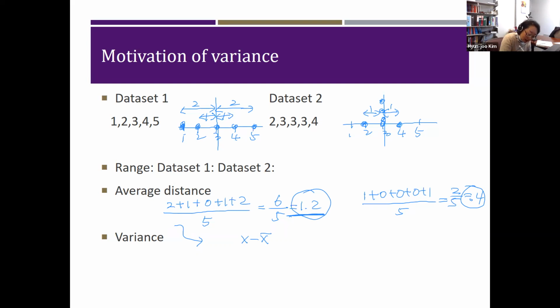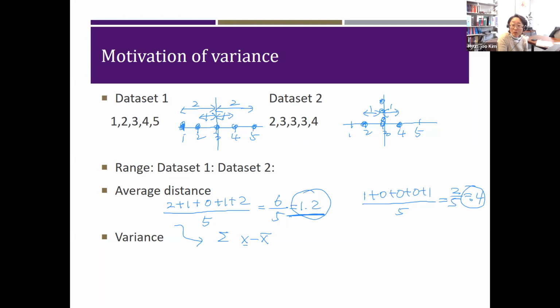And then you add up. But when we do that, we need to be a little bit careful, because if you do 1 minus 3, that will actually be -2, not exactly 2. And in the same way, if you do 2 minus 3, that will be -1. So if you use this, x minus x bar, and then add up, you will always end up with 0 just by the definition of x bar, the sample mean.